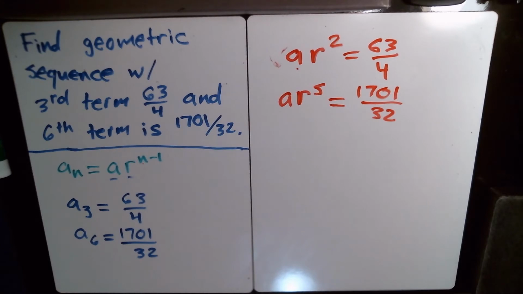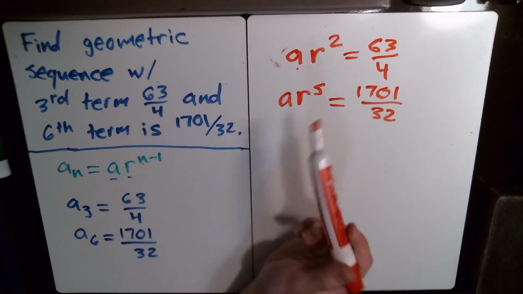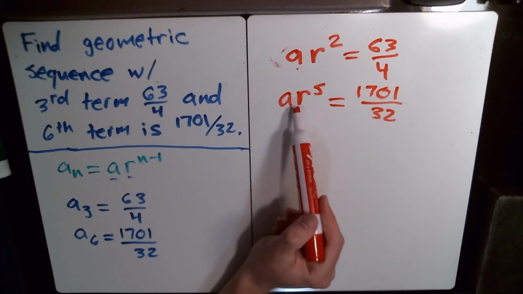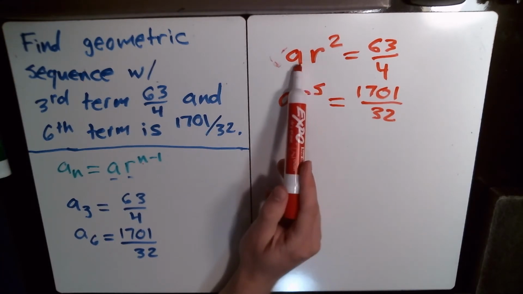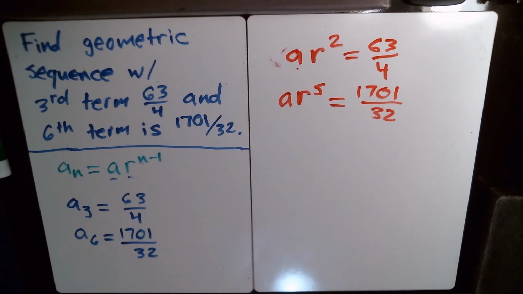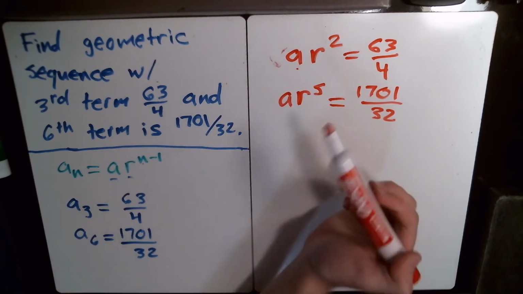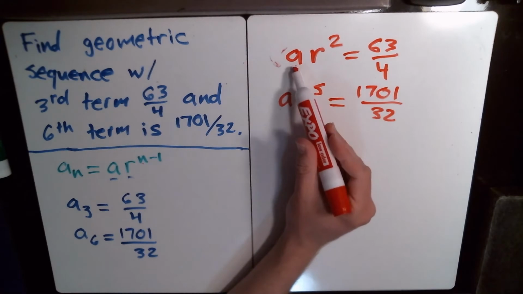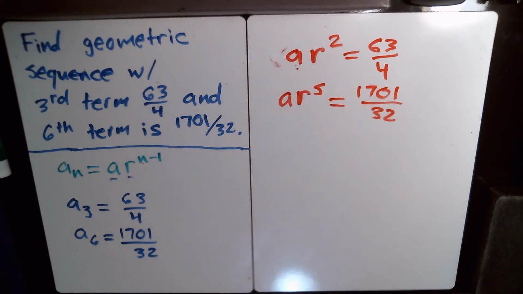Now, the trick here is we want to find A and r, and this is a nonlinear system of equations because you've got variables multiplying each other. In order to get rid of this A, there are several ways that you can solve this.